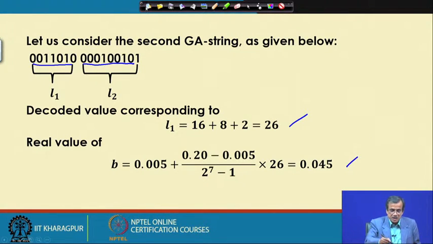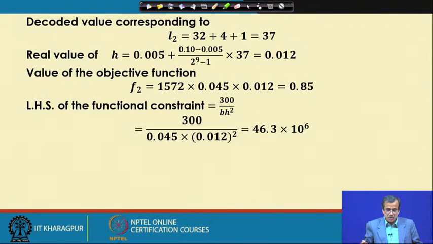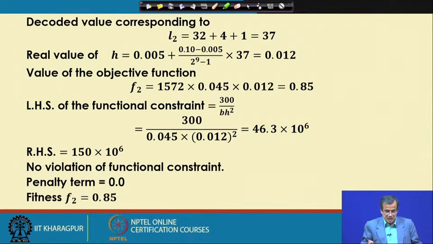Now, I can go for L 2. Corresponding to L 2, the decoded value is 37, and corresponding to the decoded value of 37, the real value of H becomes equal to 0.012.